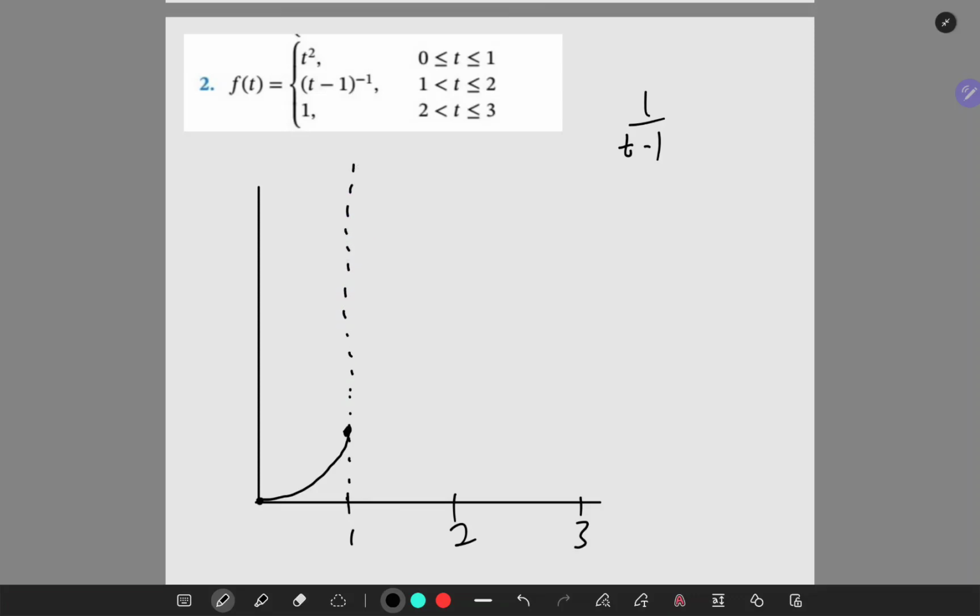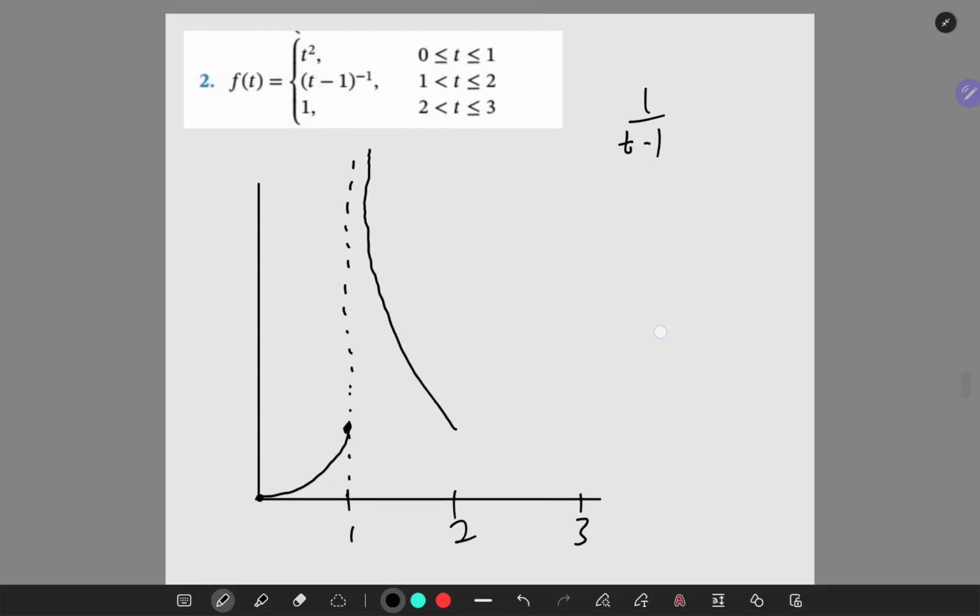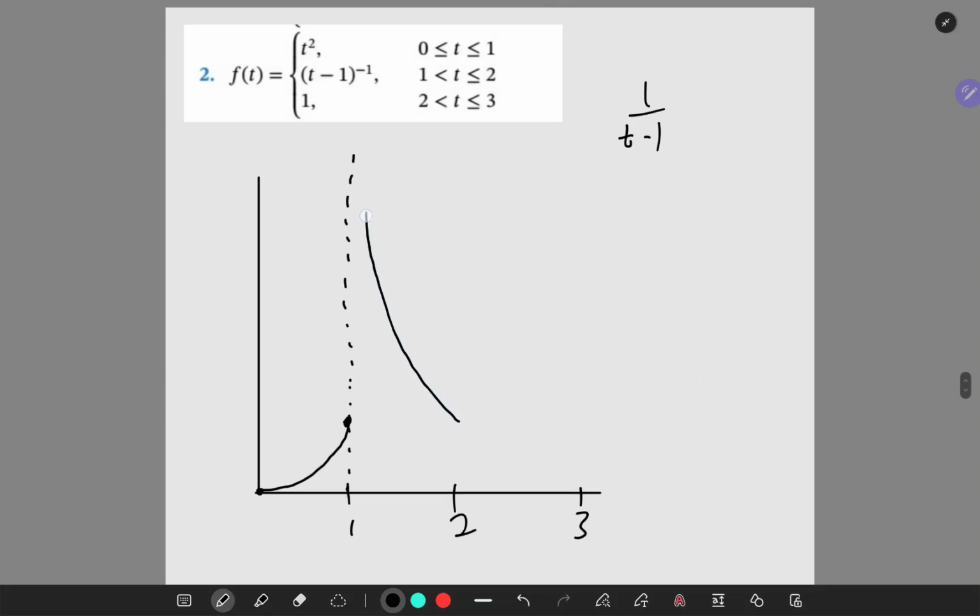For this particular section, it's going to go towards 1, like this. It's going to get closer and closer to 1, but it never touches it.